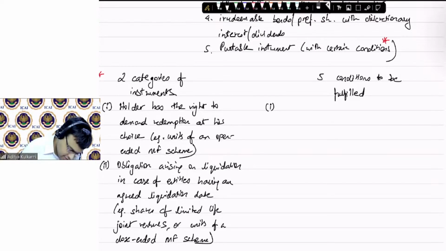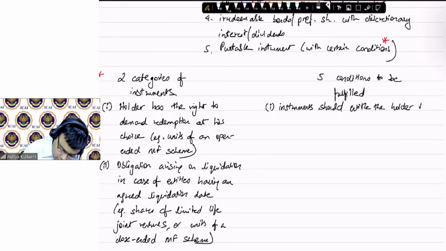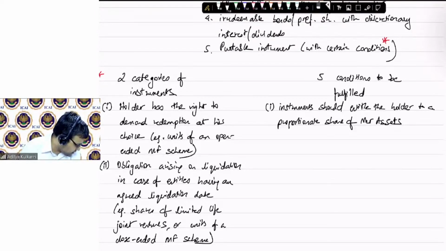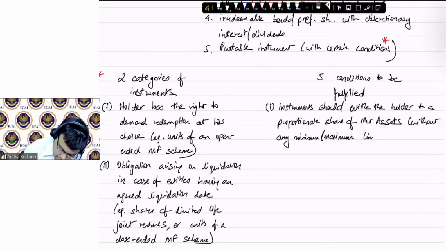Instruments should entitle the holder to a proportionate share of net assets, without any minimum or maximum limits.